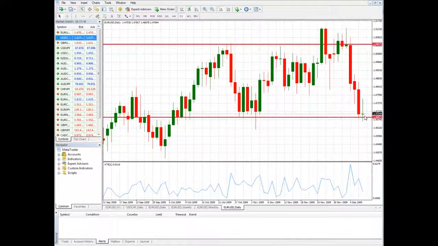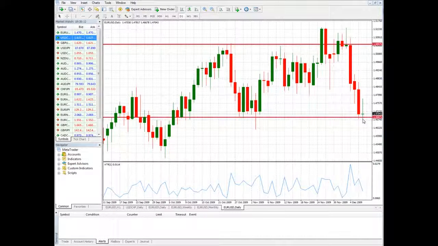Now, everyone who follows support and resistance will be looking for things to stall out at this particular level. And as you can see, they did, because we had a big bounce up, almost, well, it's past the halfway point of the previous day. We had a big bounce up, and then we started back down again.